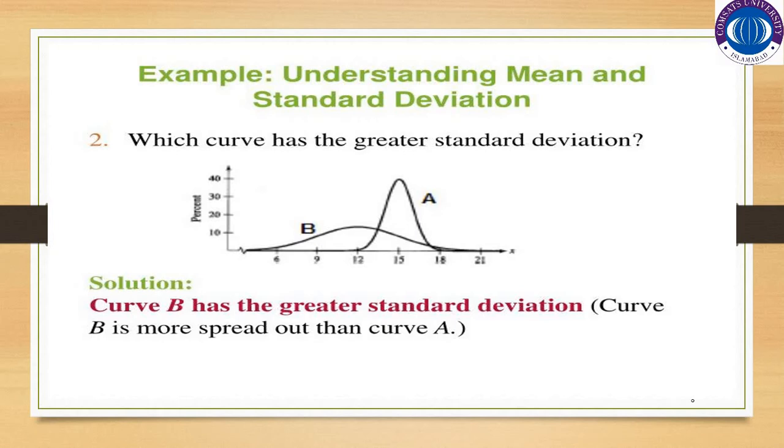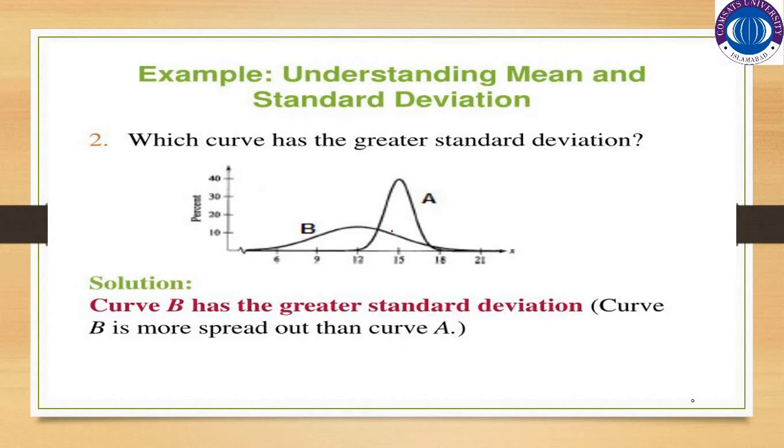Which curve has the greater standard deviation? Curve B has the greater standard deviation. As you can see from the spread of the curves, curve B has a larger spread than curve A. So curve B has the greater standard deviation.